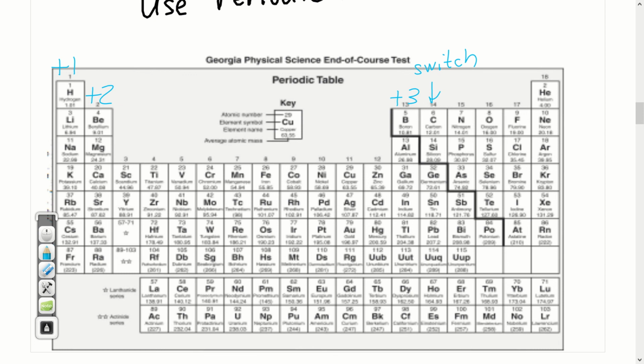What you're switching is from positive to negative. Group 15 is -3, then -2, -1. So I usually go over with students: +1 in column 1, +2, +3, switch, -3, -2, -1. Again, be careful. I'm just saying switch from positive to negative, but keep the number there. And that's a way you can remember all the ions for these different elements. All right? Thank you very much.